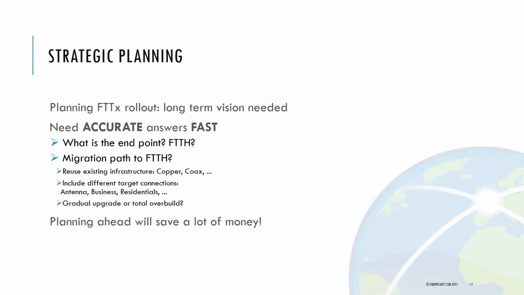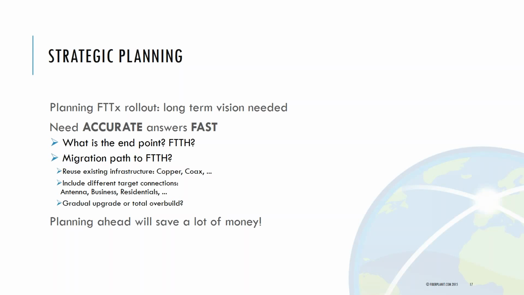Of course, we are talking here about deploying fiber, so it's a huge investment because there's typically a lot of civil works involved, even if it's only up to a certain node in the network. Also, the networks are deployed for a long time, so a long-term vision is crucial.